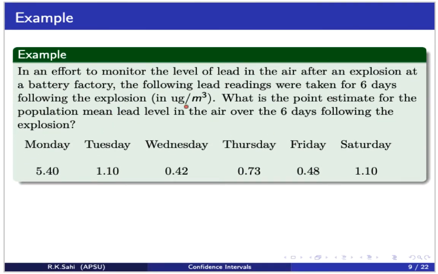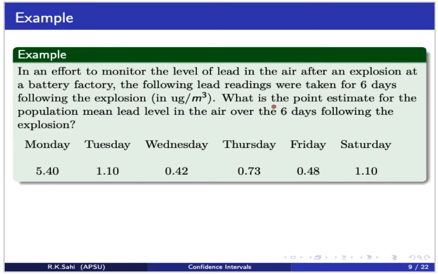Now, this example says, in an effort to monitor the level of lead in the air after an explosion at a battery factory, the following lead readings were taken for 6 days following this explosion in UGs per meter cube. So I do not know what UG is. Okay, that's something related to the problem here.